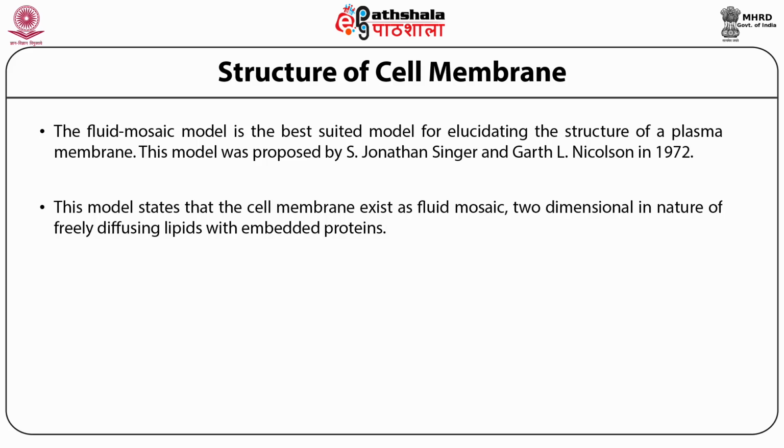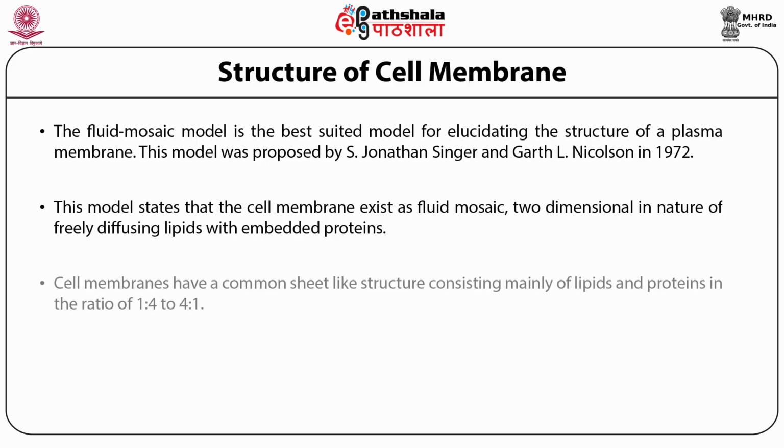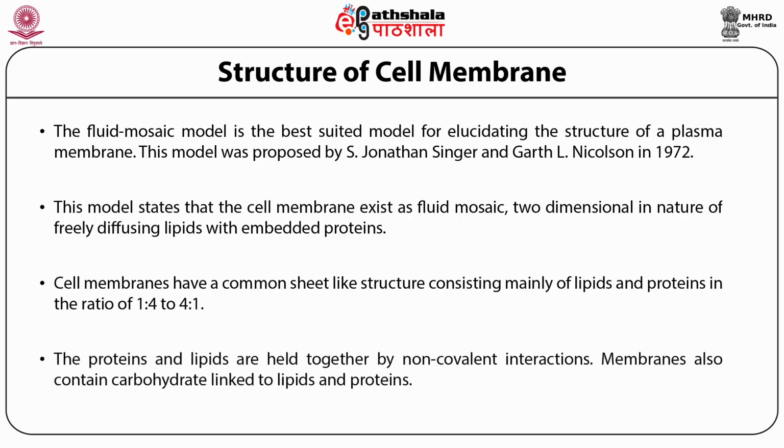Cell membranes have a common sheet-like structure consisting mainly of lipids and proteins in the ratio of 1:4 to 4:1. The proteins and lipids are held together by non-covalent interactions. Membranes also contain carbohydrates linked to the lipids and proteins.